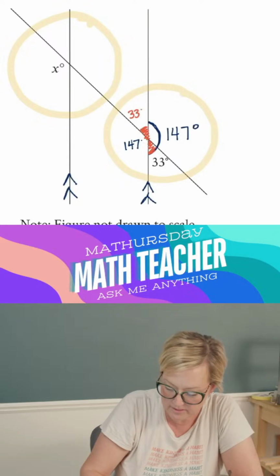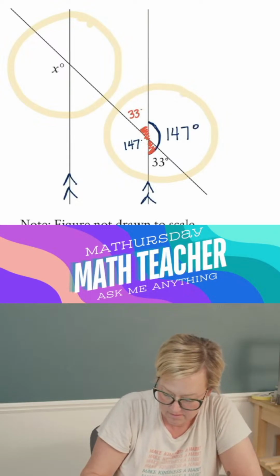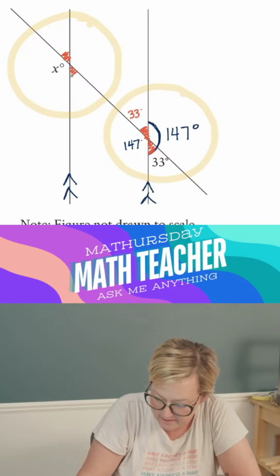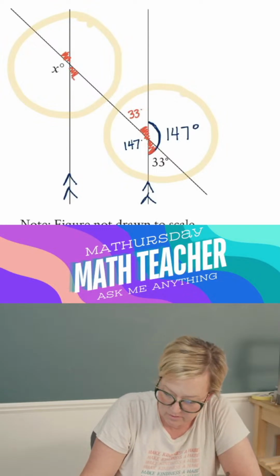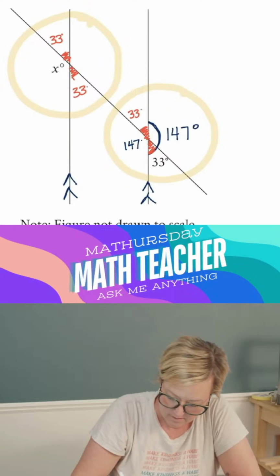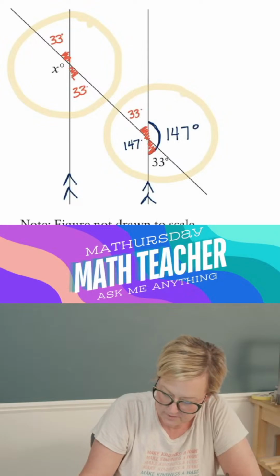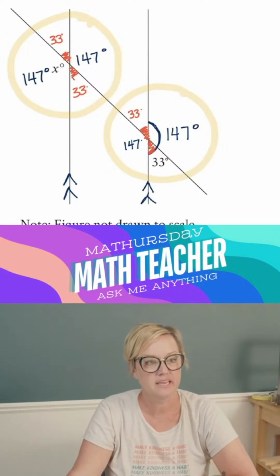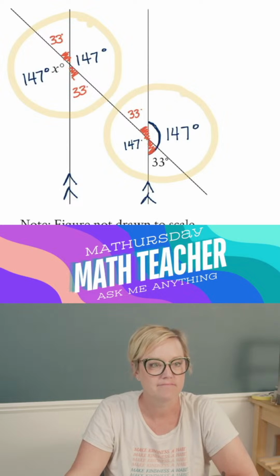The topmost angle, so I can just color these in sort of how I did it down there. So this one is 33 and this one is 33. So this one is 147. So this one is 147. So then X equals 147.